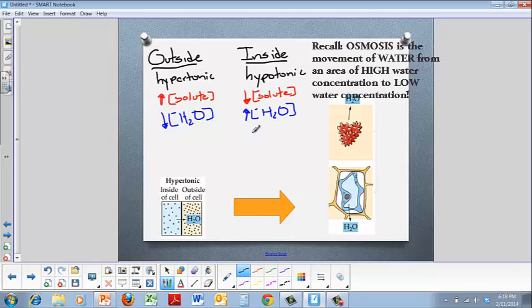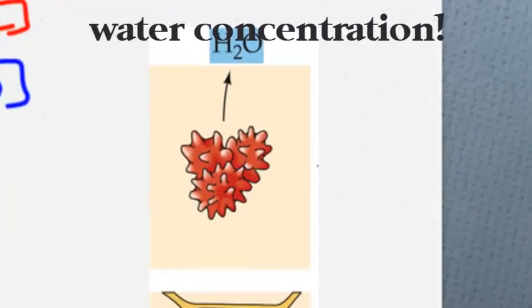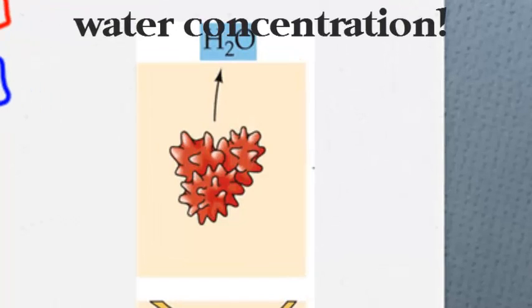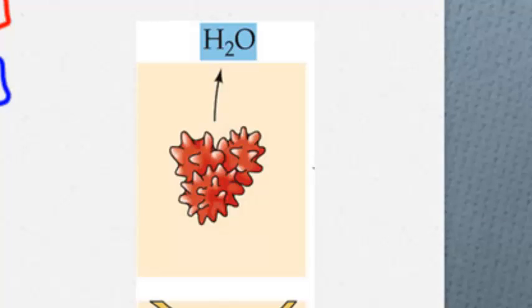So I know my water is going to move this direction, from inside my cell to outside my cell. And because all that water is leaving, the more water that leaves, the smaller that cell is going to get. It ends up shrinking your cells and killing them. And as the cells shrink, we call that crenation. And so the cells crenate and they die, they shrivel up.